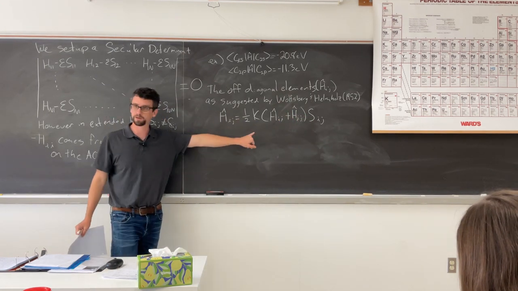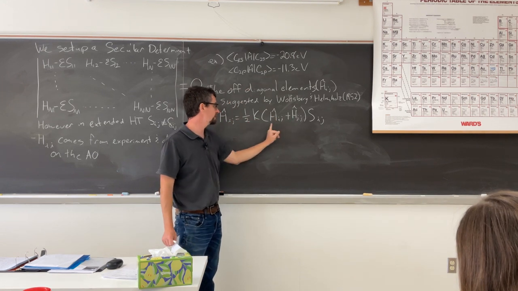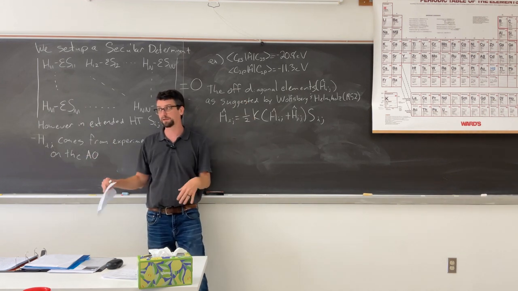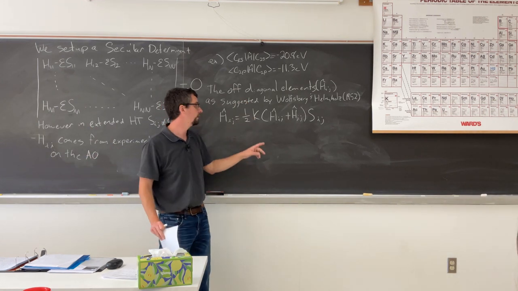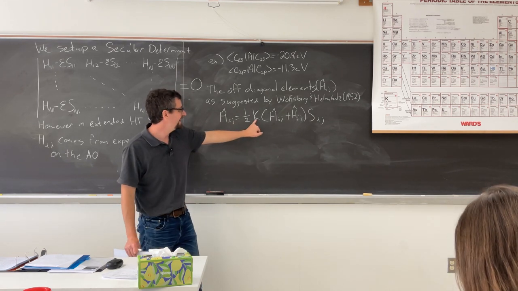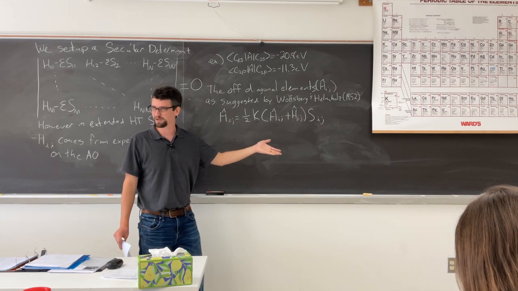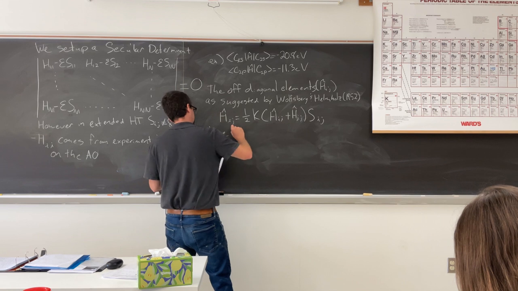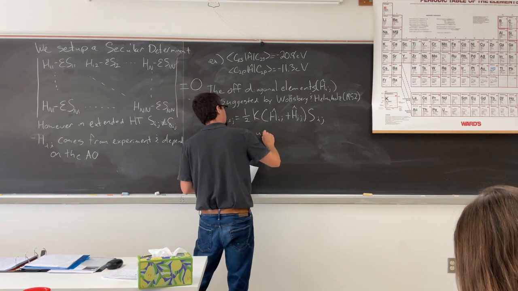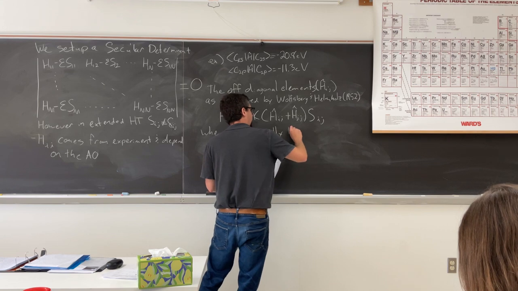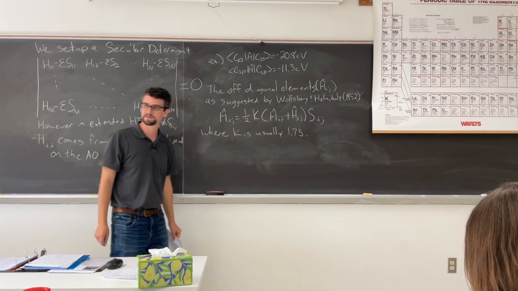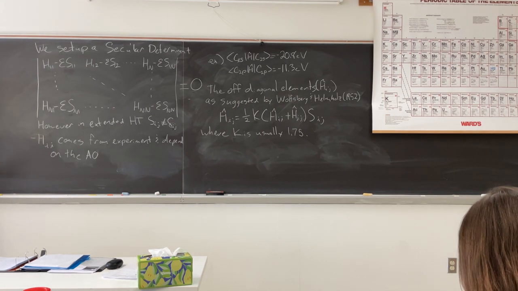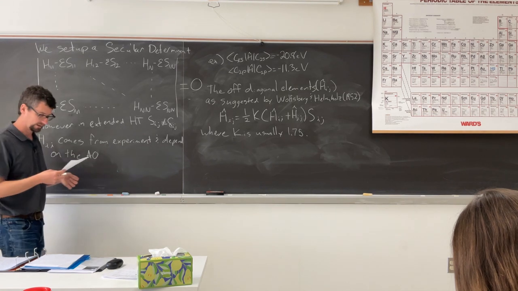You look at the atomic orbitals that you're considering, you add these two energies together, you look at their overlap because we're using Slater type orbitals, and you can calculate the overlap from those relatively easily. And you're sort of just taking an average of those values. Where K is usually 1.75. K is kind of just a number. It changes based upon the system of interest that you're looking at, and you just kind of guess it. You pick it.